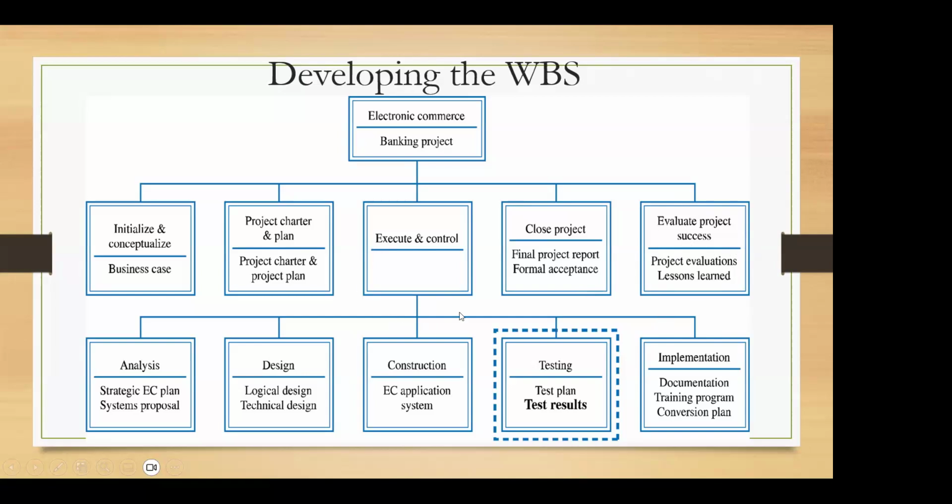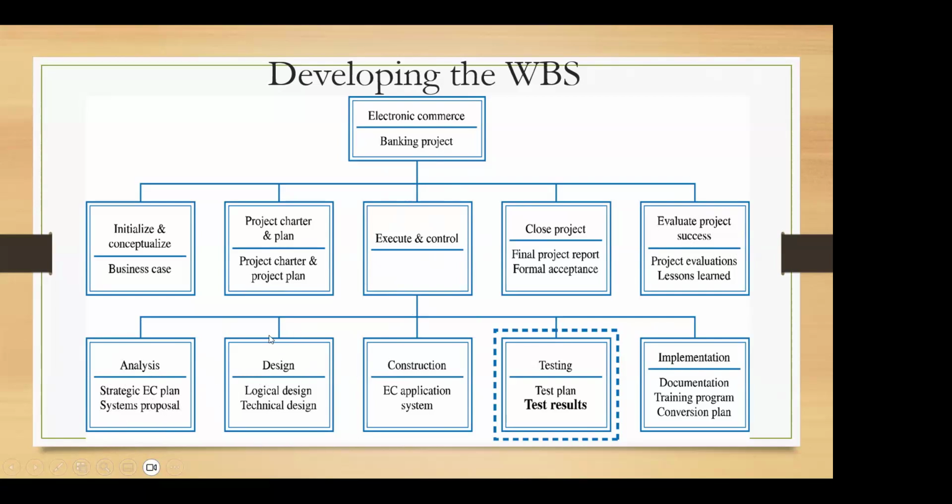When you come to execute and control, there are a lot of steps that you need to follow. Under execute and control, you will be doing the analysis of the system. So you will develop a strategic electronic commerce plan and the system proposal.